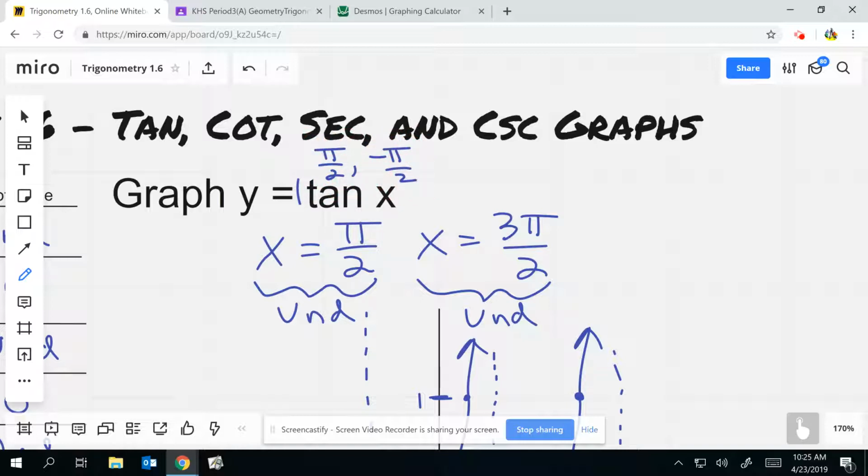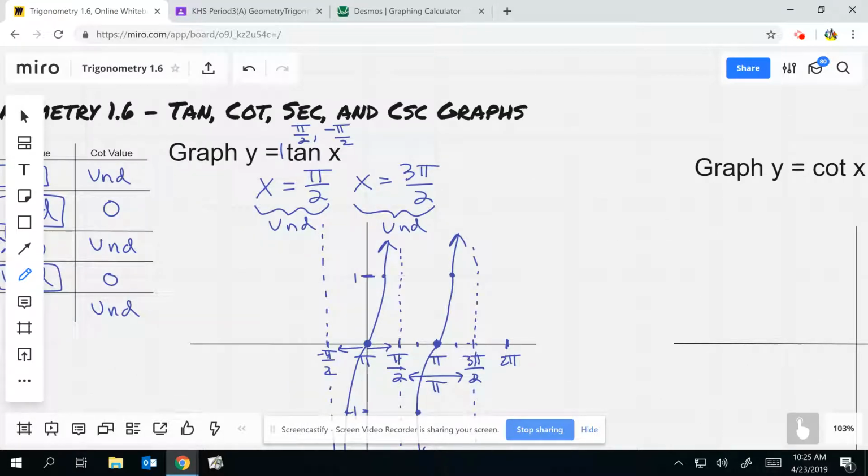Both of those would be dotted lines. So would 3 pi over 2. That's also a dotted line too. But they're going to want you to keep the graph in the center. So I would put this above your tan. I would put pi over 2, negative pi over 2, because that's what you're going to make them equal to every time. So that was first one.